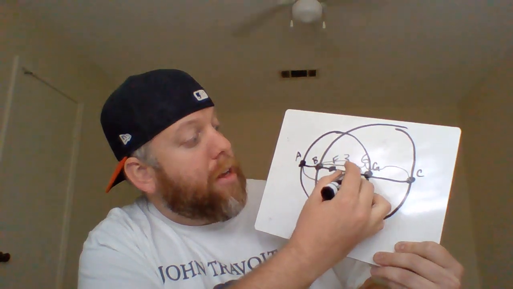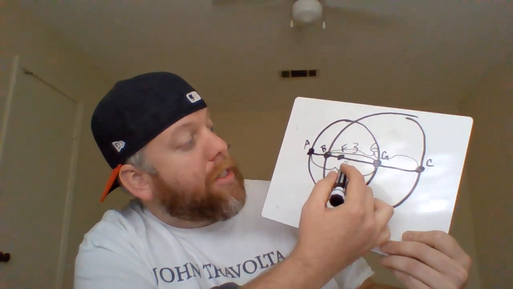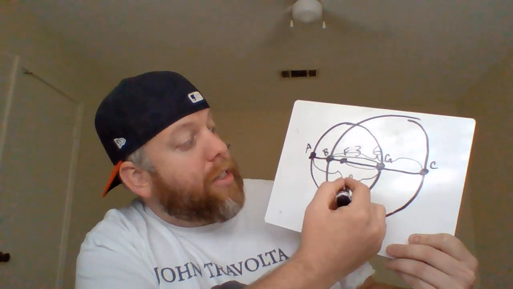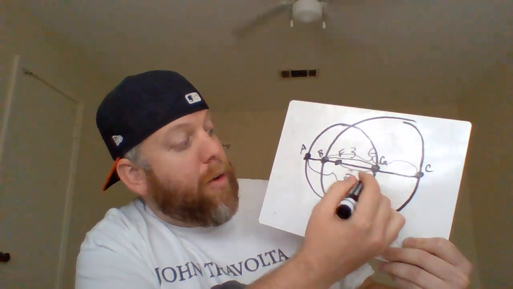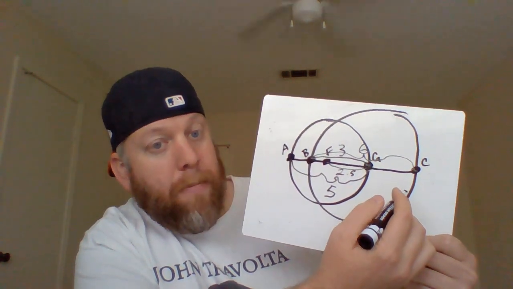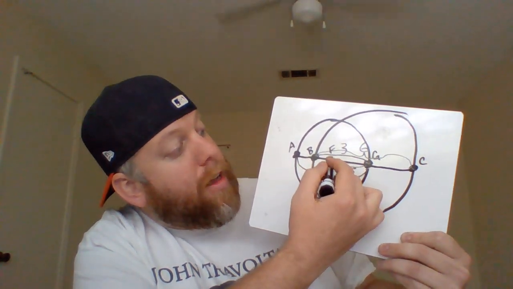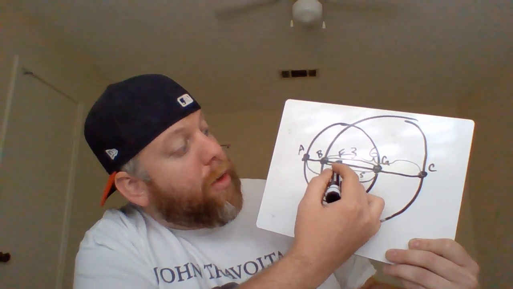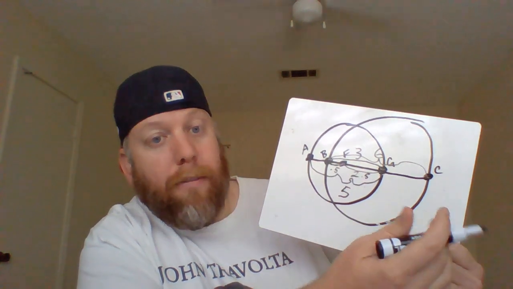Then we need to identify how long it is from F to G. Well, if A to G is 5 units, then F to G is 2.5 units. Okay? So we have 3 units and we have a measurement that's 2.5 units. So what is the leftover amount of units? It is 0.5 units from B to F.